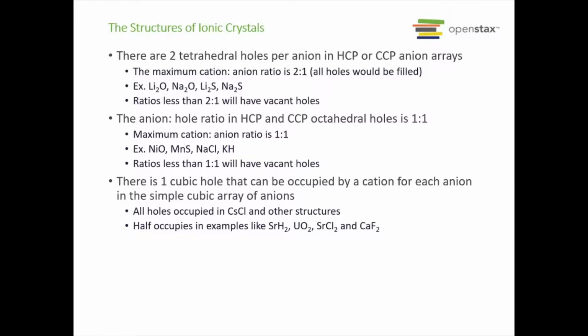Some examples of this are lithium oxide, lithium sulfide, and sodium sulfide. You can also have these tetrahedral holes with a ratio less than 2 to 1, so maybe you have a 1 to 1 ratio of cation to anion, and what ends up happening then is you have vacant holes in your array.